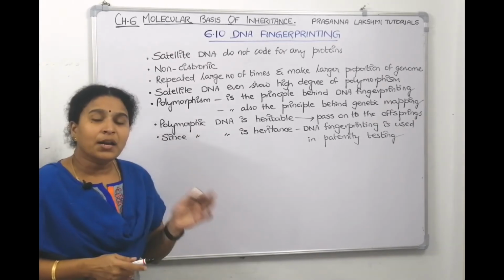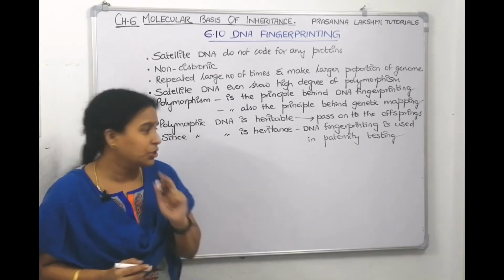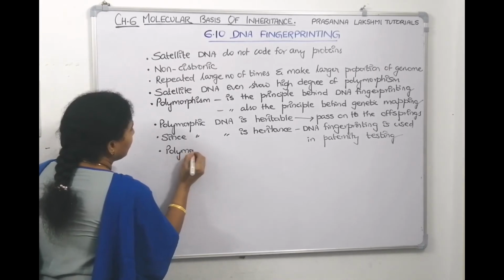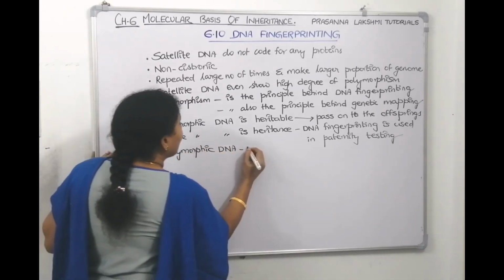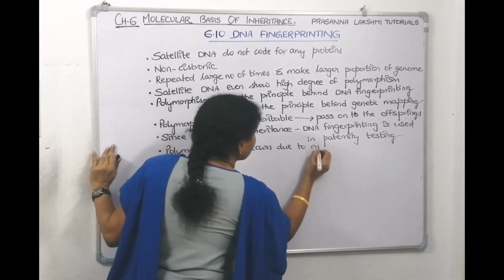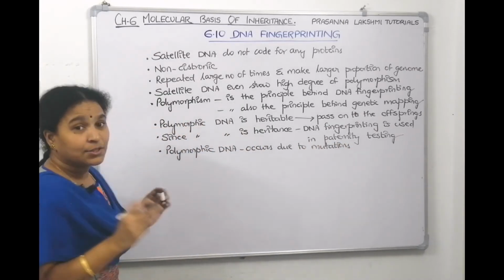Now, polymorphism. What is the reason behind DNA polymorphism? Mutations, right? Polymorphic DNA occurs due to mutations.